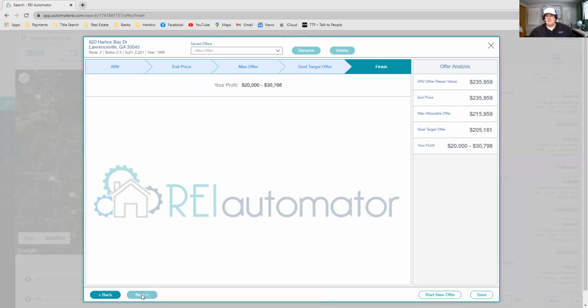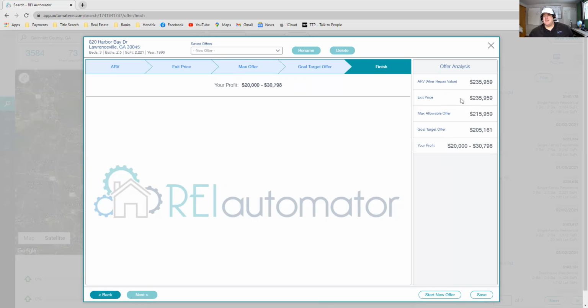Some of this is for another day, but that gives you an idea of what the offer analysis is. Essentially, it's just protecting the profit you want to make on the deal.